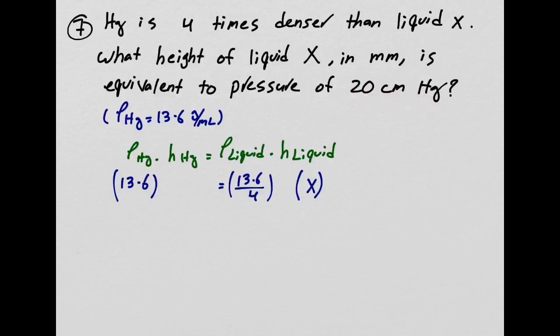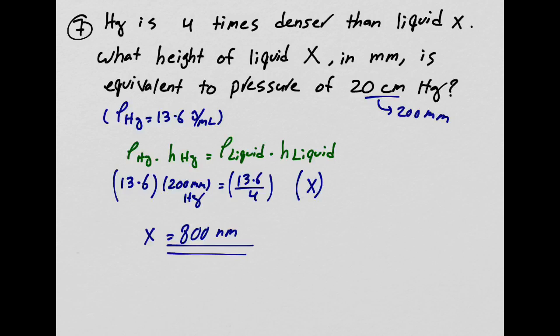Everything has to be in millimeters, so I'm going to convert this to 200 millimeters of mercury. Don't forget, everything has to be millimeters. So now I have everything, and my X is going to be 800 millimeters.